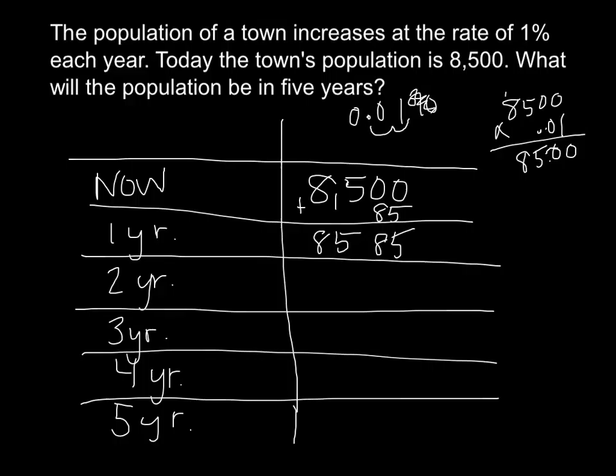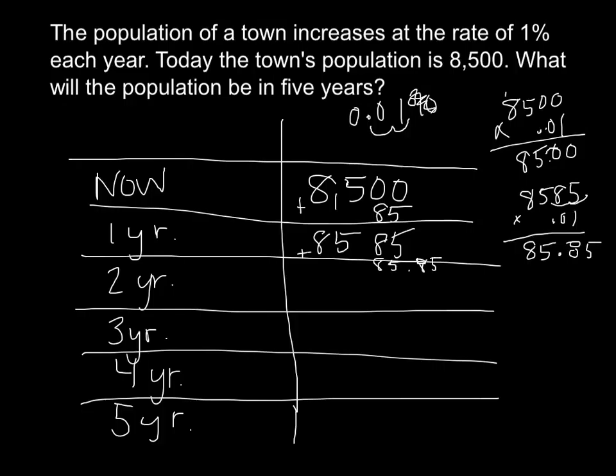Okay, so now I need to take 8,585 and multiply that by 0.01. I'm going to get 85.85. Each time I just have to move my decimal 2 spots. So that's what we'll do.